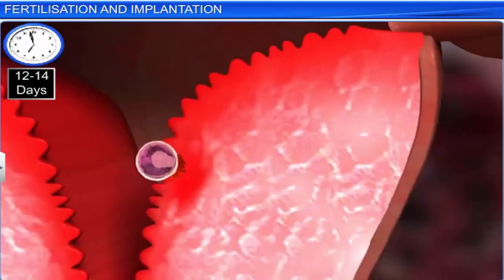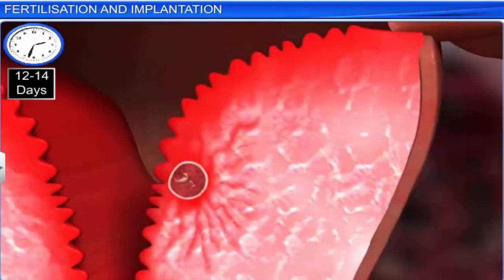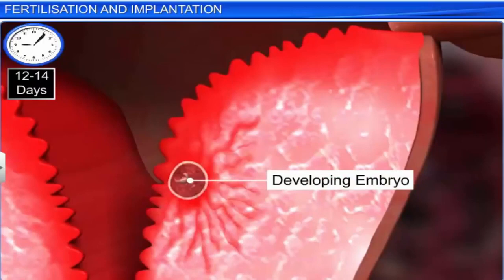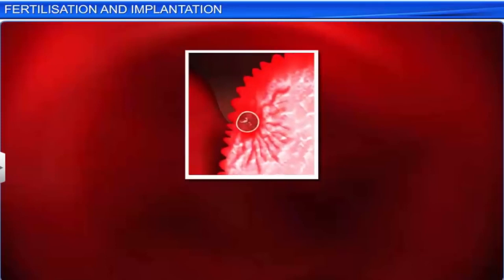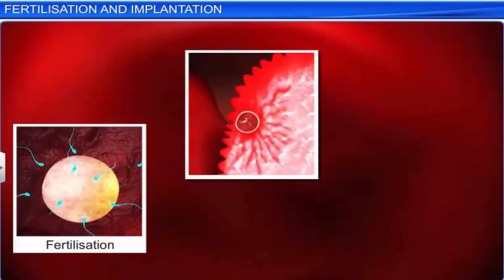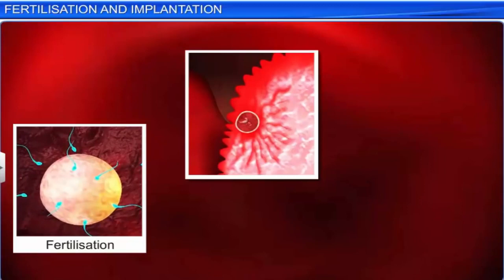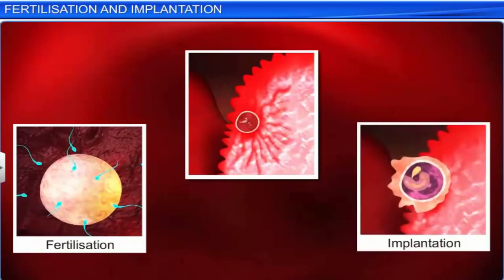Once implantation has occurred, pregnancy gets initiated. Moreover, after implantation, inner cell mass cells get differentiated and begin to form the embryo. Embryo formation is thus a complex process that begins with fertilization and ends with implantation of the embryo.